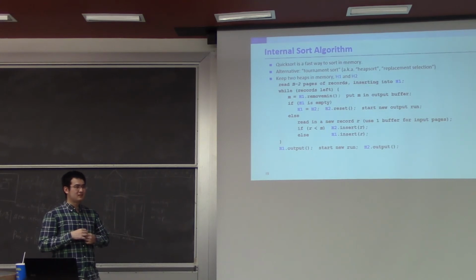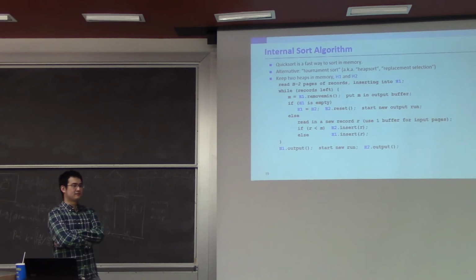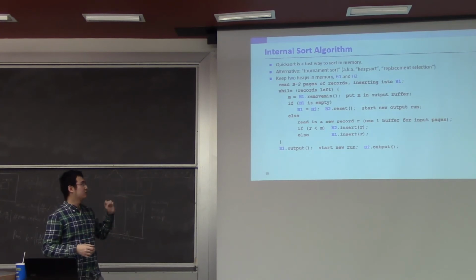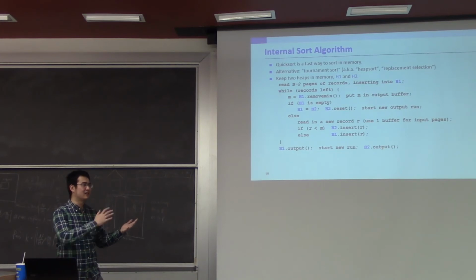So H1 is like the current round, and if you run into anything that you can't output, then you put that into H2. And H2 will be used for the next run, so it won't affect the current run being sorted. The current run is always sorted because you always extract numbers from H1 and you don't insert anything that's smaller than the largest you have put into the output buffer.